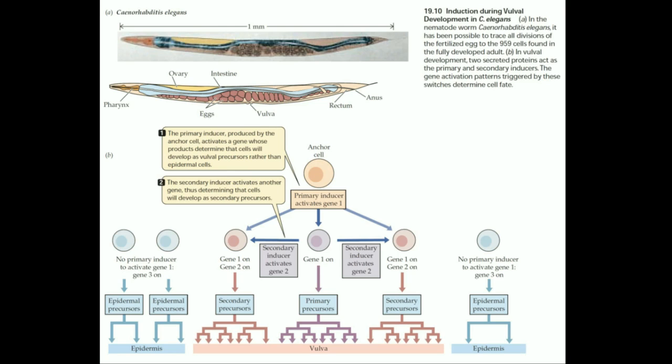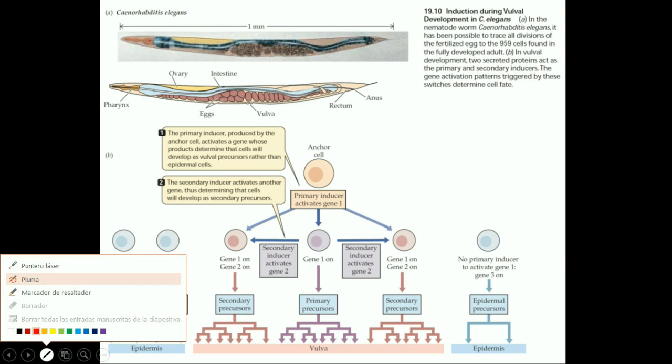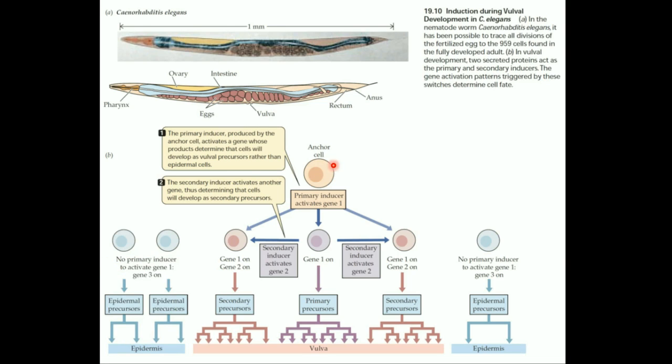Now, these cells begin with an anchor cell. Let me get my pointer back. So here's the anchor cell. The anchor cell produces a primary inducer that will activate a gene that will cause these cells to become precursor cells for the vulva.